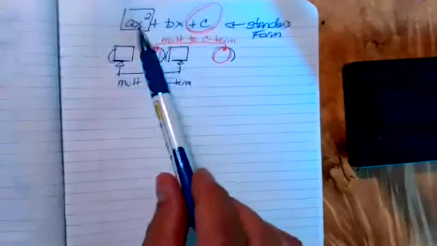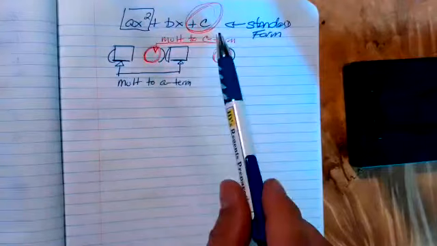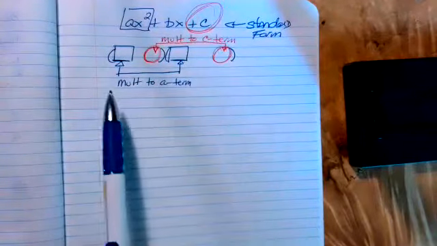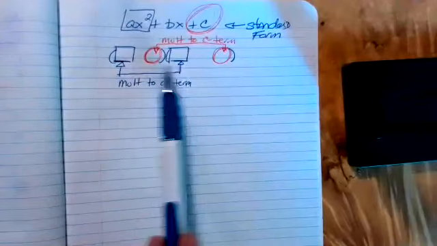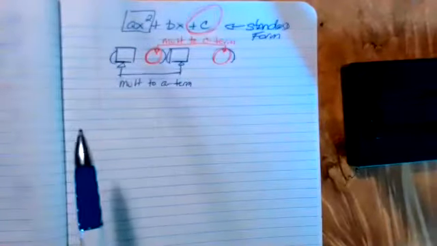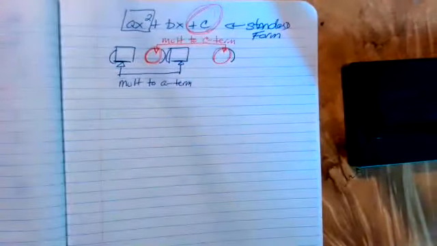So to reiterate, when we have a trinomial in standard form, ax squared plus bx plus c, when I factor, what I put in my first place has to multiply to my a term, and what I put in my last place has to multiply to my c term.